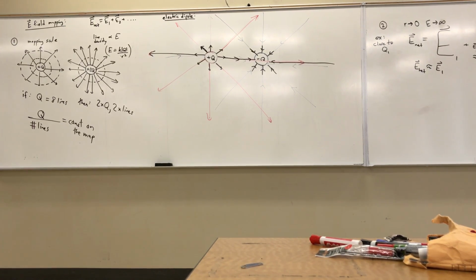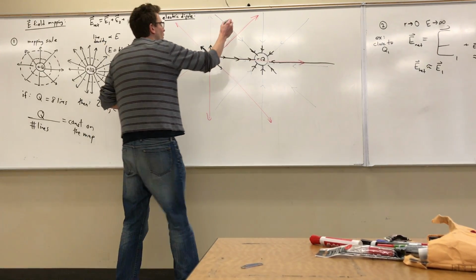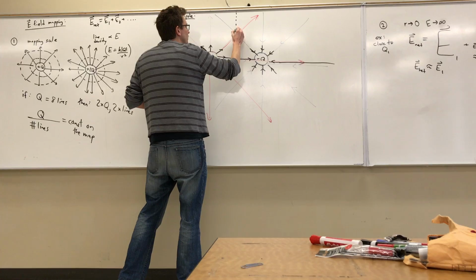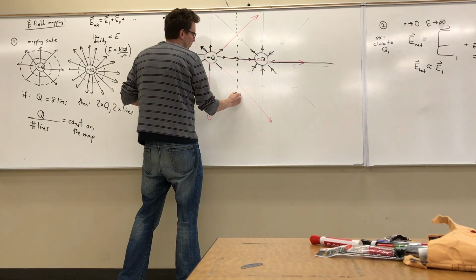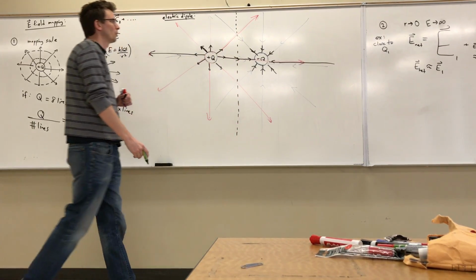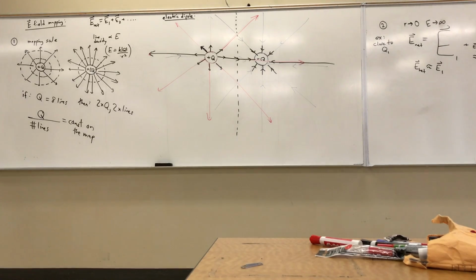Okay, so now we have to move off axis, and I will suggest another symmetry axis, which I'll call the perpendicular bisector. So that's a line that runs perpendicular to the line that the charges lie on, and it runs exactly equidistant from them.